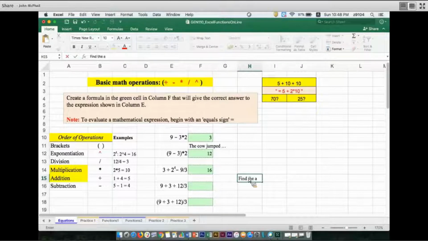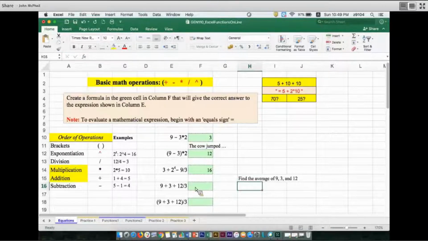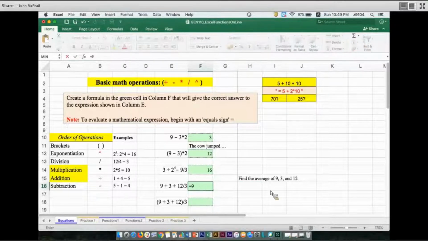Find the average of the numbers 9, 3, and 12. Let's try to do that. Well, equals, we have to add the numbers 9 plus 3 plus 12, and then we have to divide by 3. So let's try that. 16.